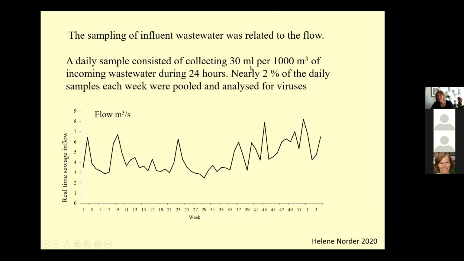So 30 milliliters were sampled per 1,000 liters, up to 3 liters of water during 24 hours. Nearly 2% of those daily samples were pooled for each day until it became 1 weekly sample, and that weekly sample we analyzed for viruses. So some weeks we could have 1 liter, and some weeks we could have 5 liters, depending on the flow.